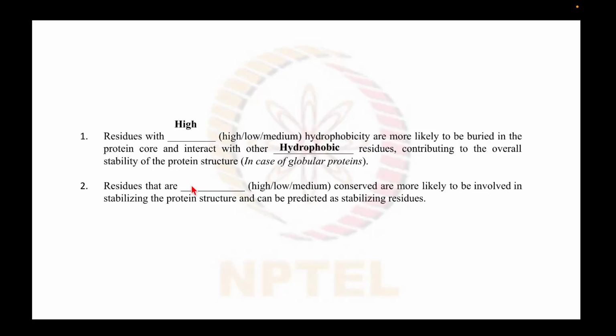So here I have a similar question that is framed. Residues that are what level conserved are more likely to be involved in stabilizing the protein structure and can be predicted as stabilizing residues, whether highly conserved residues, low or medium conserved residues.